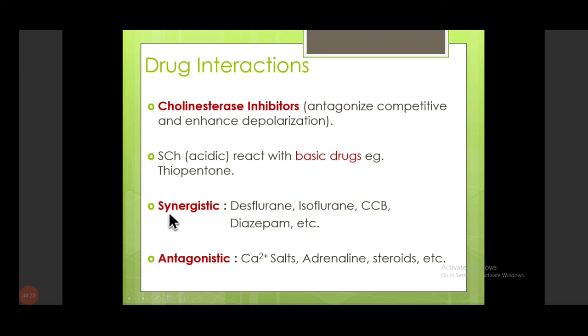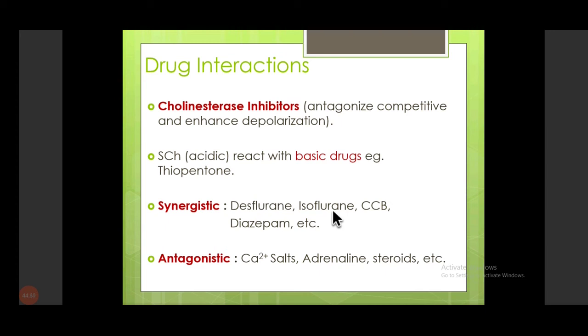Okay. So coming to the combinations, synergistic combinations include the use of desflurane and isoflurane, which work by almost the same mechanism, that is inhibition of the sodium channel. They would act similarly to the depolarizing blockers.